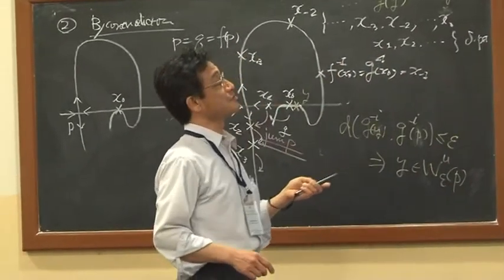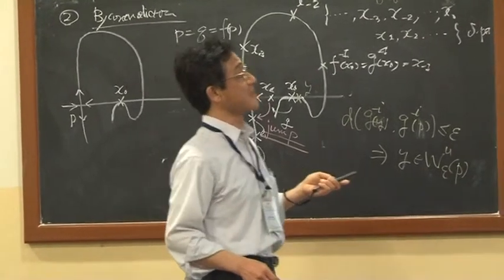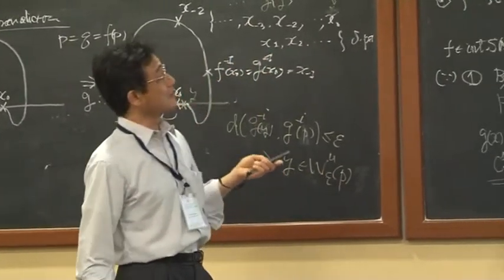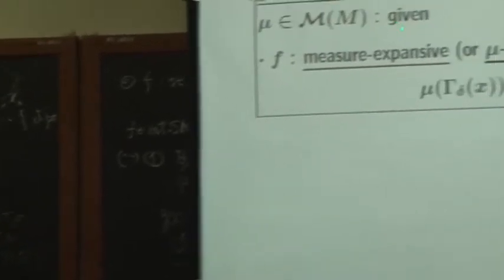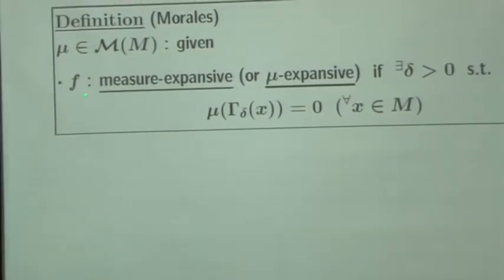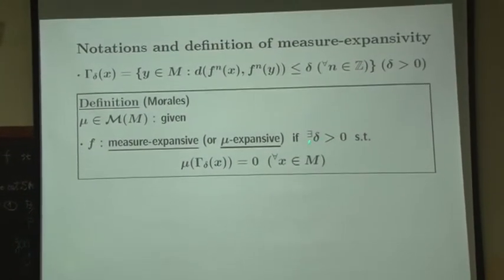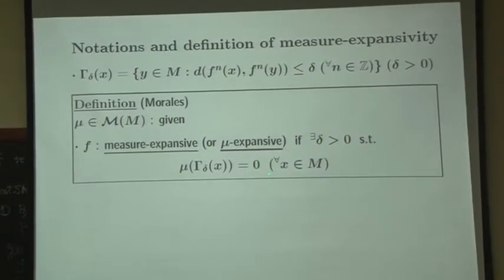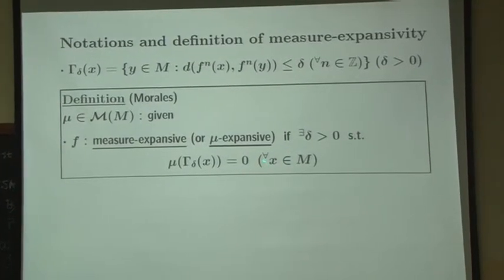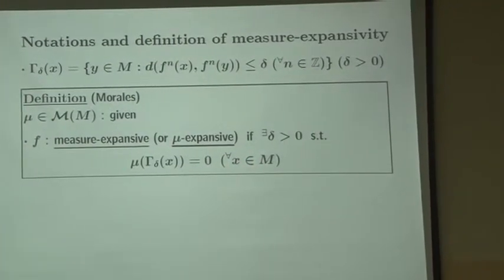Now, let me introduce the measure expansive. Let mu be given. We say that F is measure or mu expansive if there exists delta such that for any x, the measure is equal to 0.